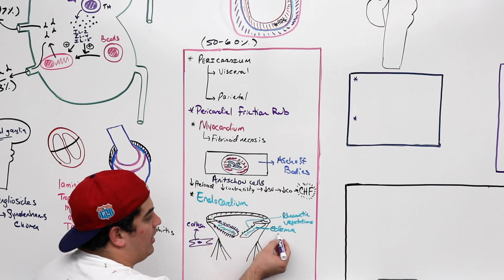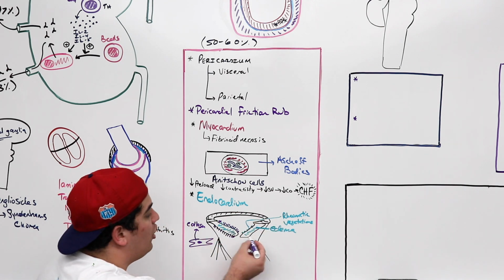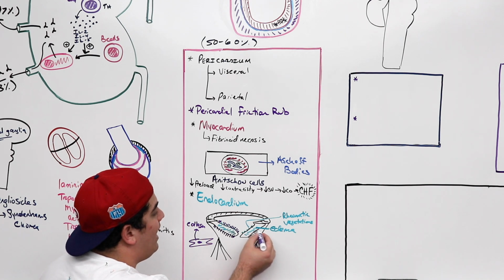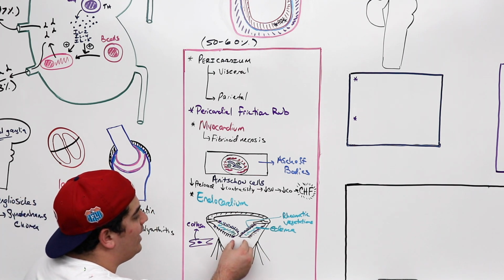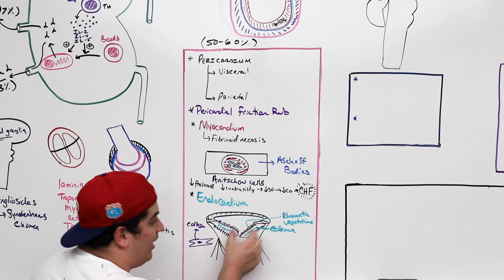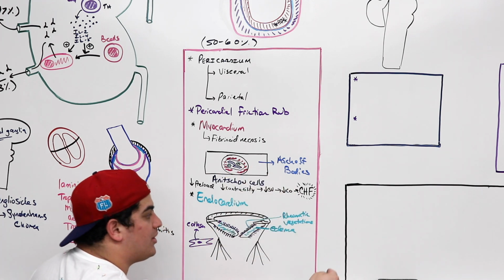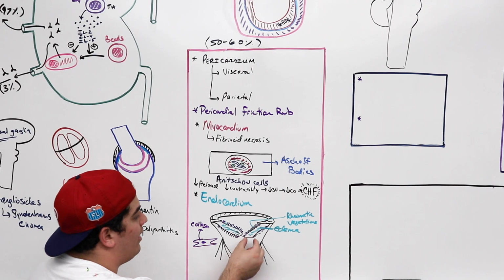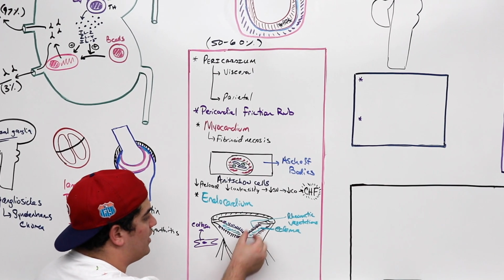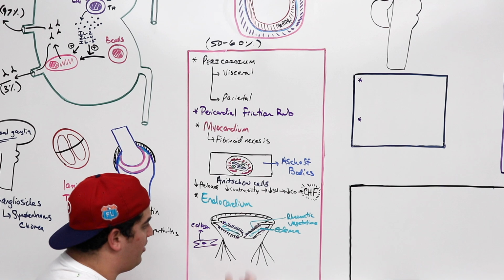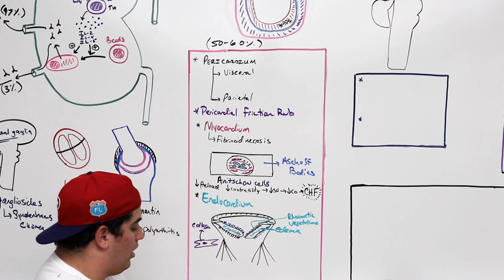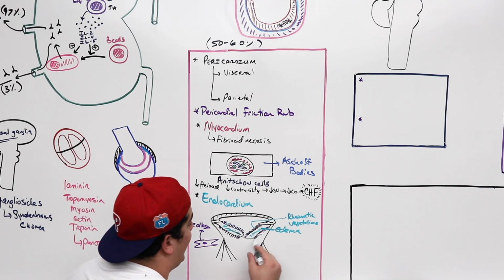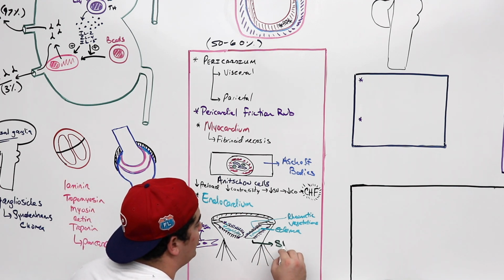So now we have the valve becoming inflamed, we have vegetations, we have a lot of inflammation, and now we're activating fibroblasts to thicken the valves. And here's where it gets really bad. It can get to the point where, with recurrent episodes of rheumatic fever, this fibrous tissue and collagen thickening can lead to stenosis of the valve. Okay, so what can happen with this? It can actually over time lead to stenosis.